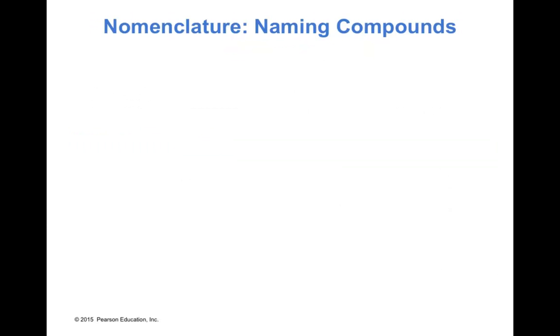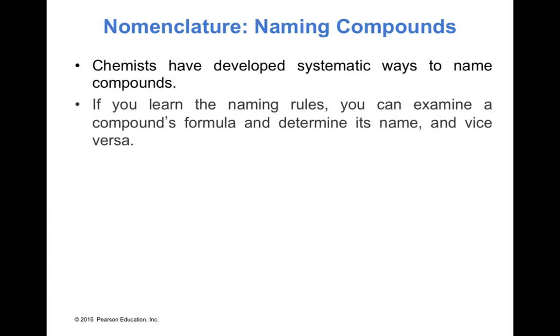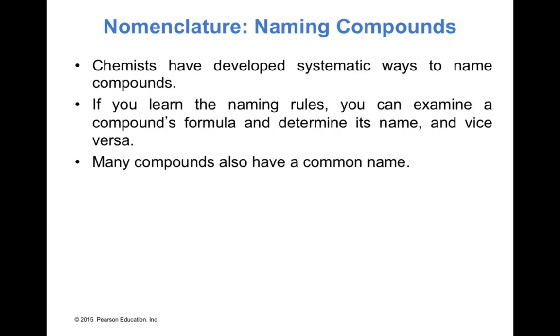Now let's talk about the nomenclature for compounds. Chemists have developed systematic ways to name compounds. If you learn the naming rules, you can examine a compound's formula and determine its name and vice versa. Many compounds also have a common name.